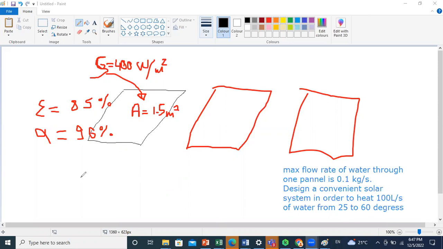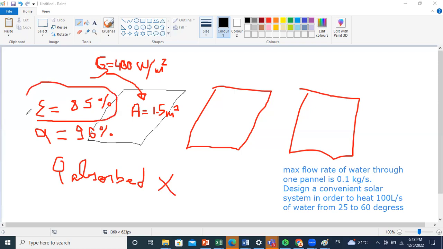All we can say here is that the heat that is absorbed, okay, what should I do? Q absorbed times what? I'm absorbing energy from the sun, but I should not forget that I have a certain efficiency of my system.